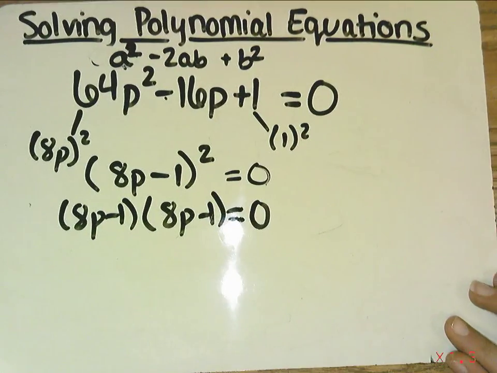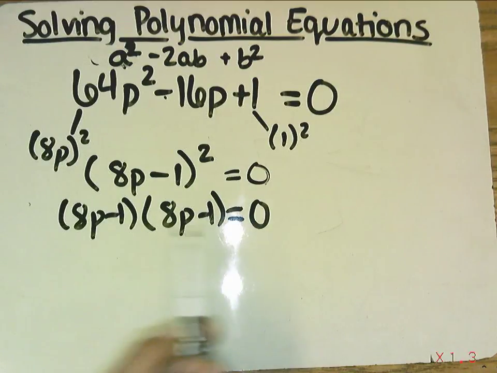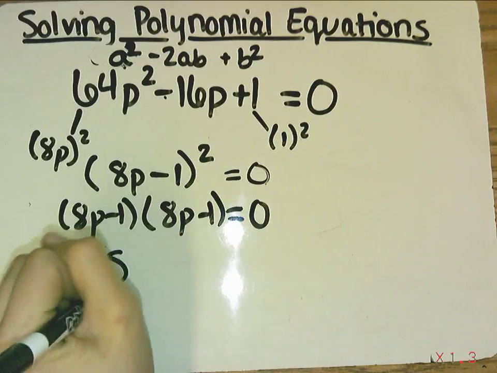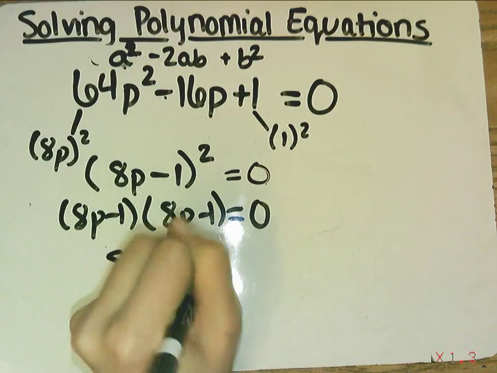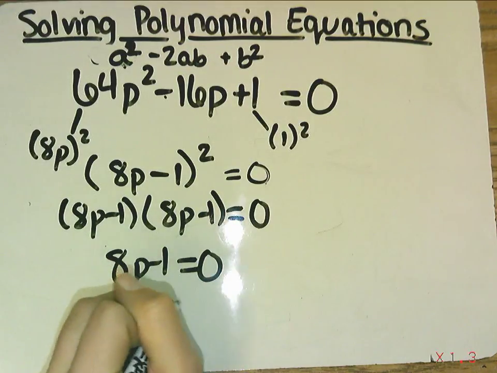So now that I have factored my polynomial, I'm going to set each of my factors equal to 0. In this case, my factors are identical, so I just need to set one equal to 0 because they're exactly the same two factors.